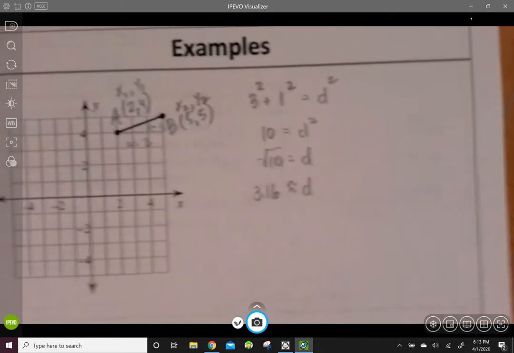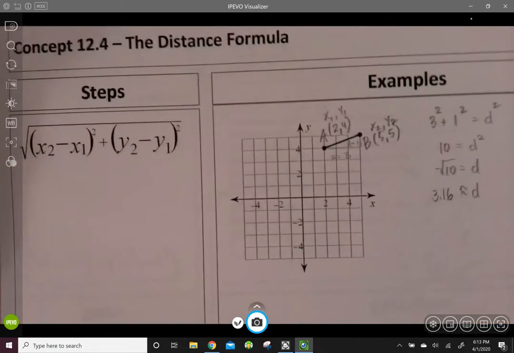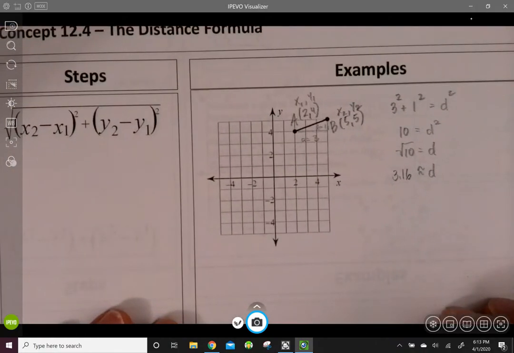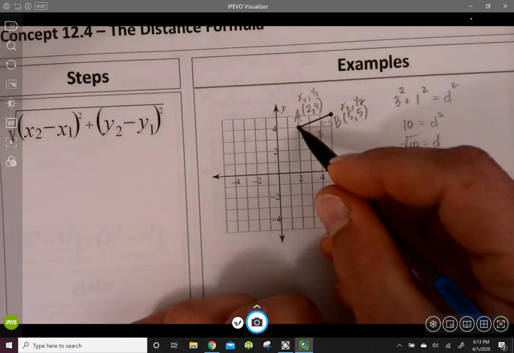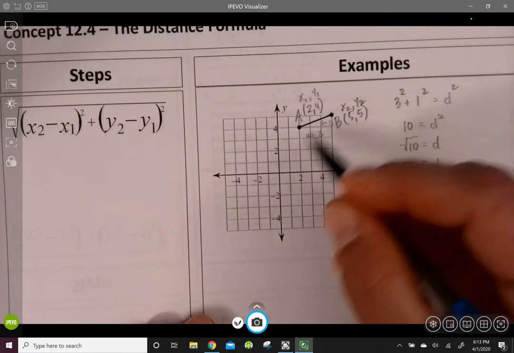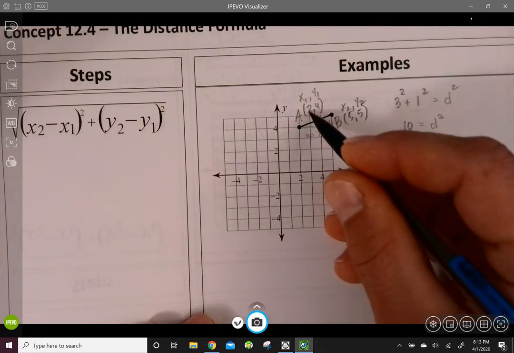So now we're going to look at an example on the coordinate plane. On the coordinate plane, we can do the same thing. In this example, I have a line segment in between these two points, and I've labeled them A and B. A is at x is 2 and y is 4.